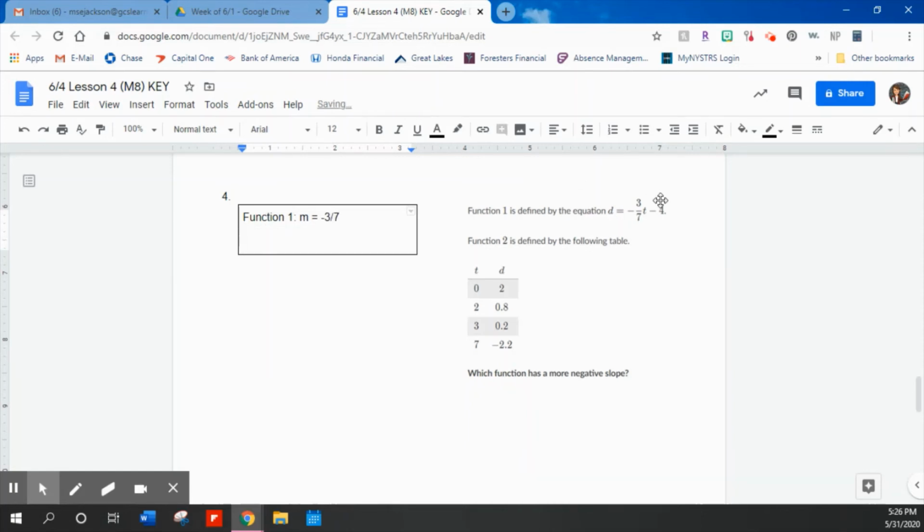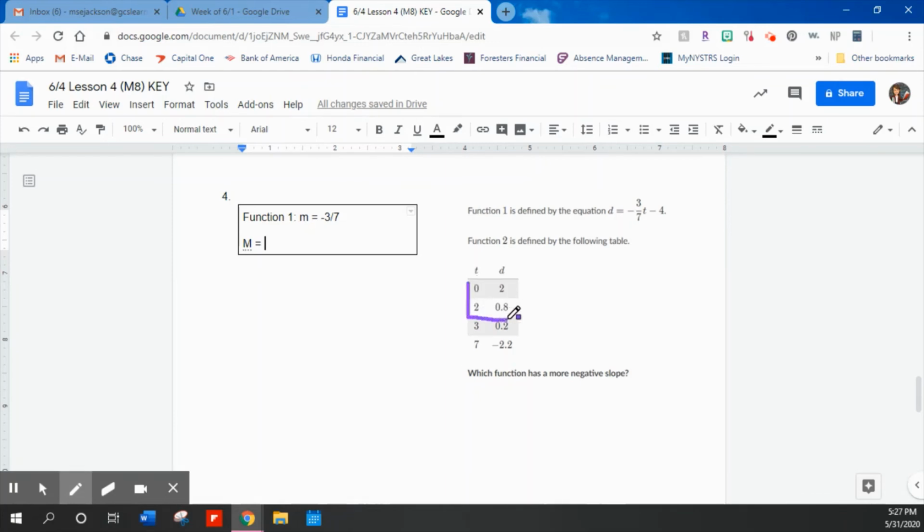For function 2, it doesn't tell us the slope right off the bat. So I have a table of points. I want to figure out what the slope is. So the way that we figure out slope from a table of points is by using our slope formula. Okay, so that's y2 minus y1 over x2 minus x1.